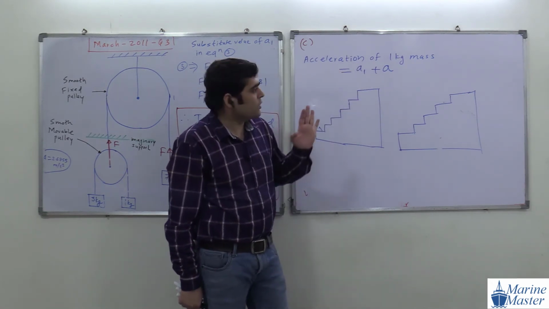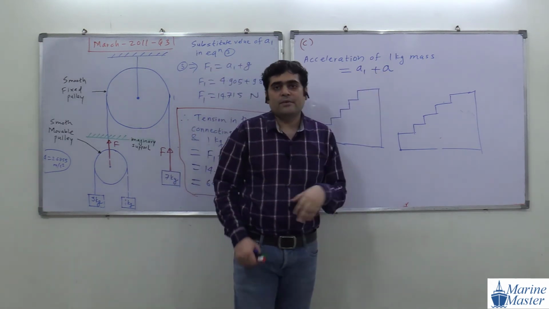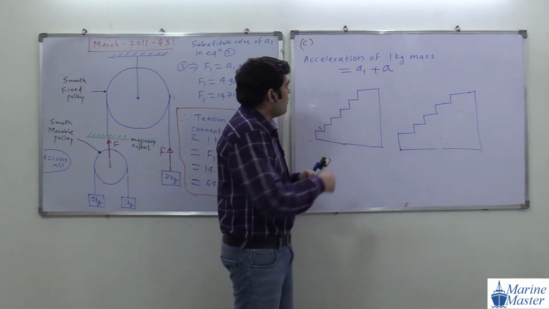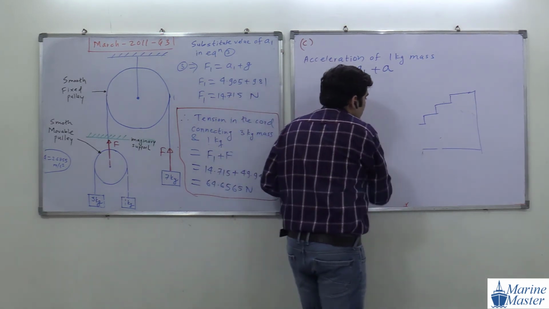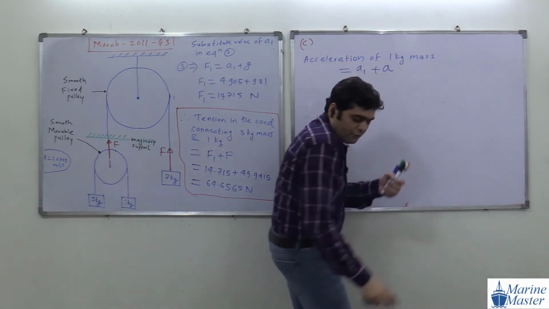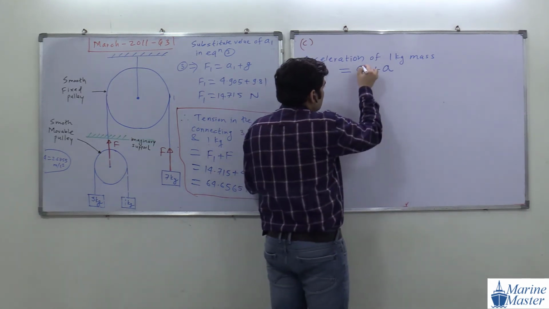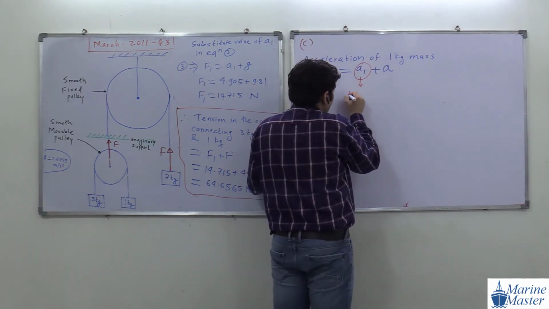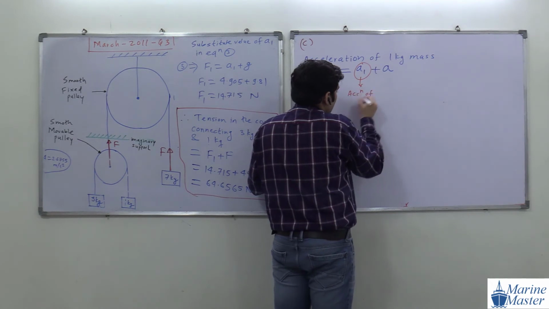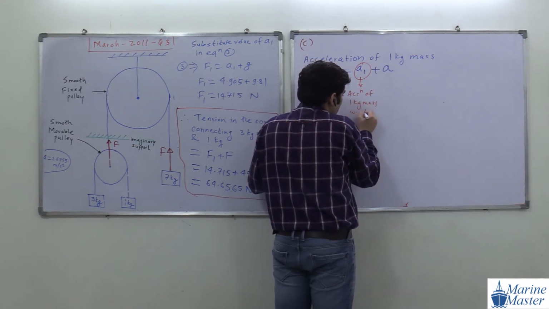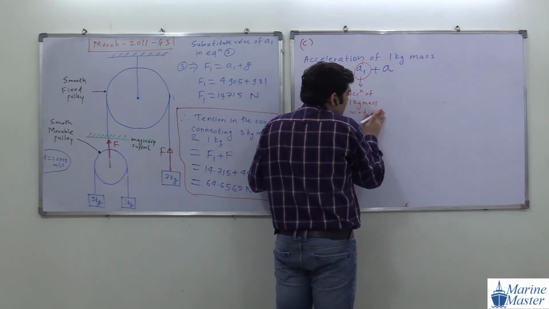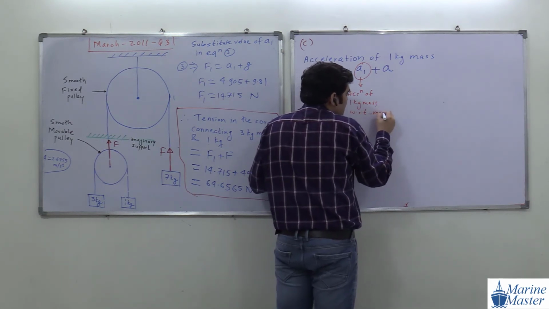Why is it A1 plus A? Because A1 means what? What is the meaning of A1? It is the acceleration of the 1 kg mass with respect to the movable pulley.